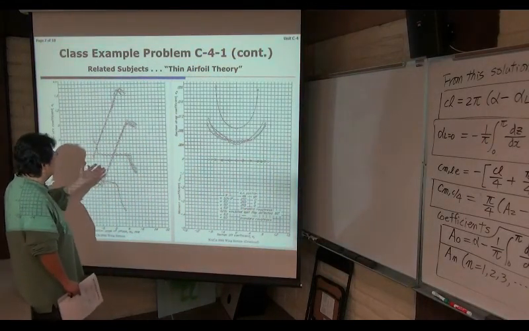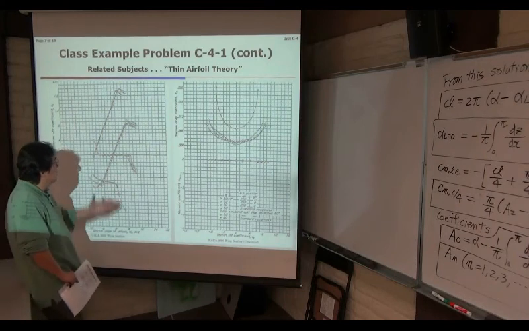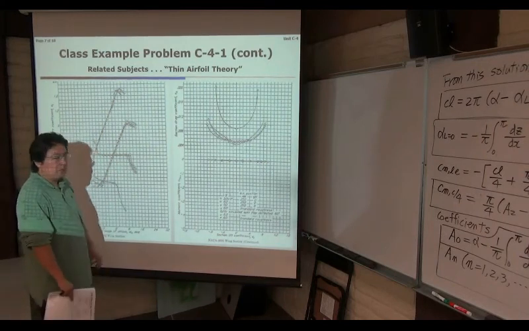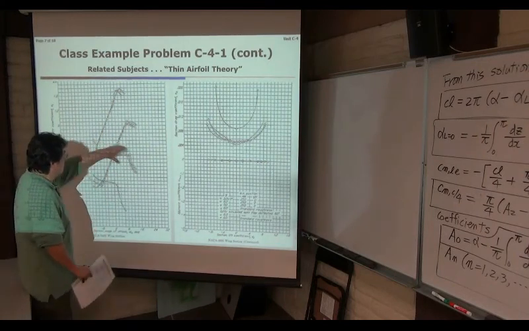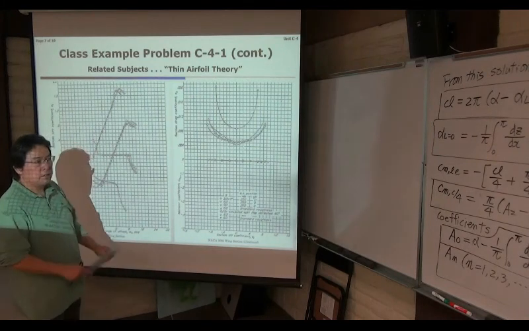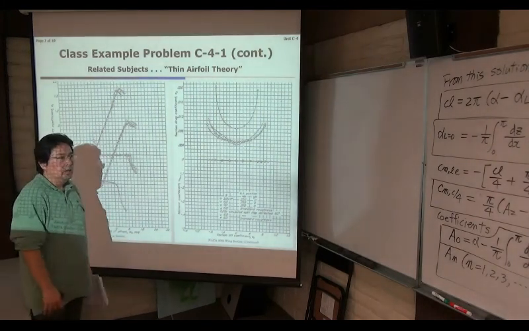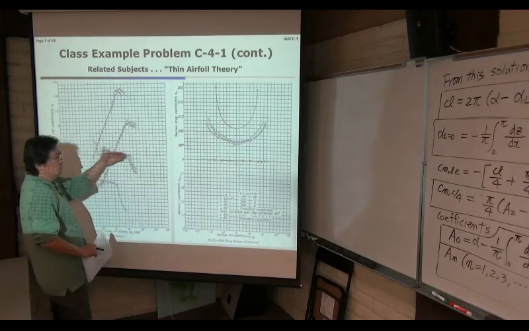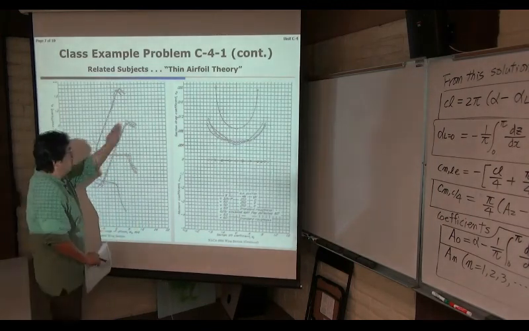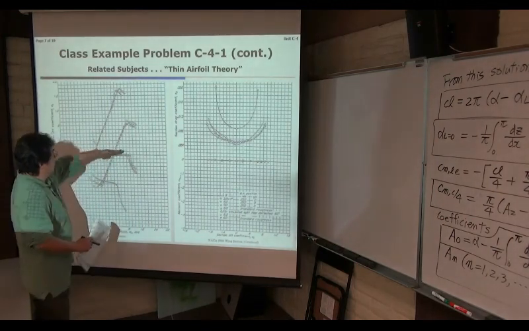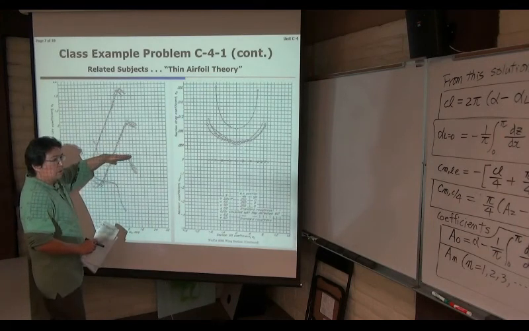This is, by the way, symmetric. But for a given alpha, you can determine CL and moment coefficient. If it's symmetric, of course, the moment is 0 and CL is 2 pi alpha. If it's cambered, it is not going to be a constant value.